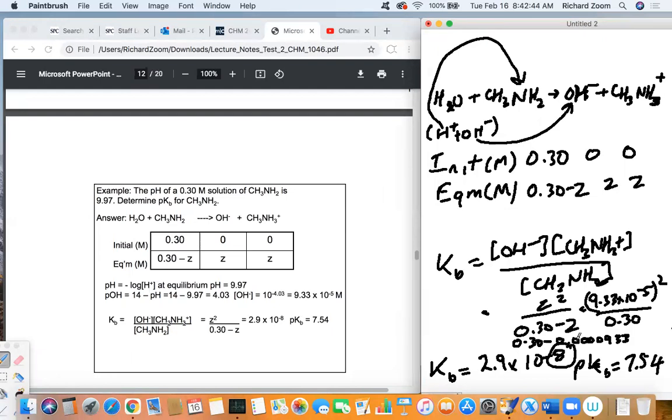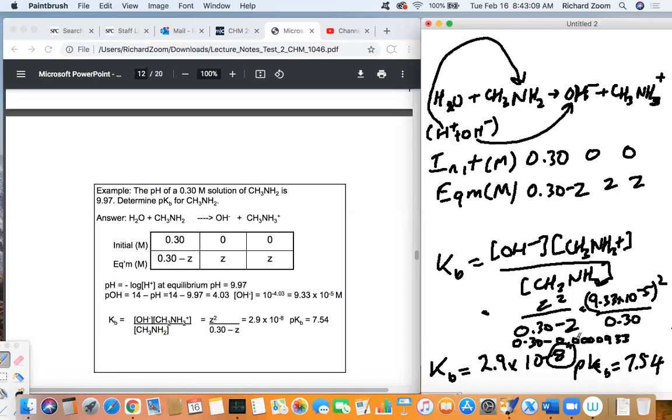Does anybody have any questions? Can we go back a couple of steps? So I got the Kb, and then you just took the negative log of 2.9 times 10 to the negative 8. Yeah, I took the log and then took the negative of that value, Alexandra. There's no button on there to take the negative log.